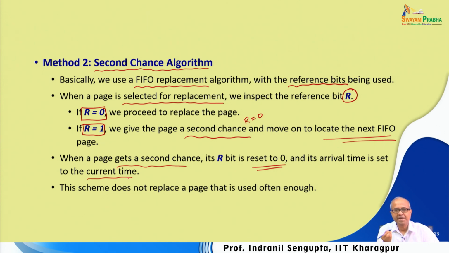A page which is used often enough will keep setting its R bit to 1, so it will never be replaced, because you replace a page only if it is a FIFO page plus R equal to 0. If R is 1, it was accessed recently, so it will not be replaced. So, this is better than FIFO.